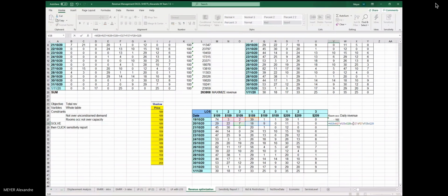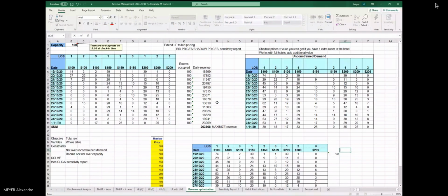Like this, like so. Hang on. Right. So, that's how you would do it for the room occupancy. So assume that in this case, you've got all the rooms occupied summed up, and then you look at computing your daily revenue. So your daily revenue would be computed by taking the sum product. So you take the LOS multiplied by the rate class multiplied by the unconstrained demand.